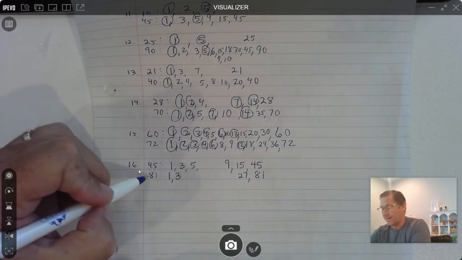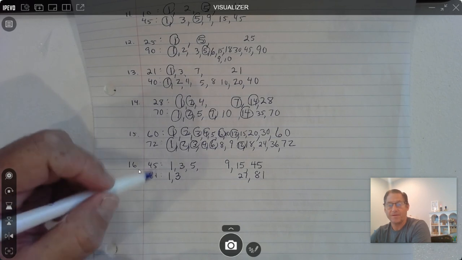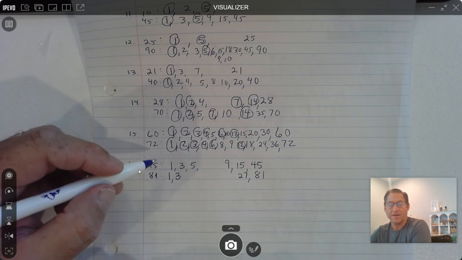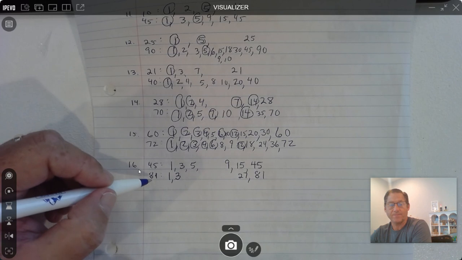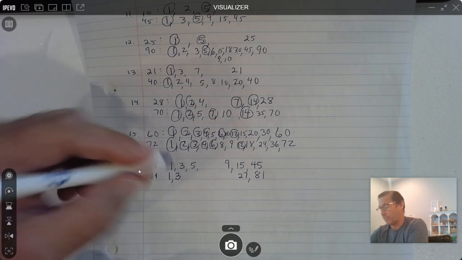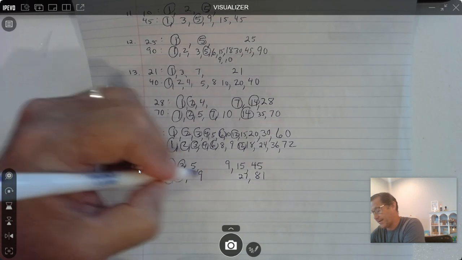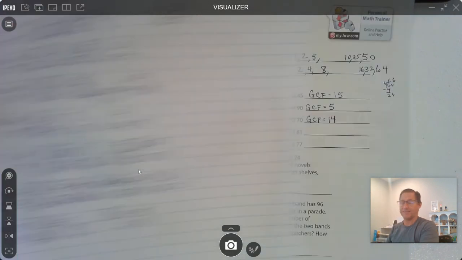Again, I knew 3 is a factor because 8 plus 1 is 9, and 9 can be divided by 3. Okay, 4 is not. 81 is not even. 5 will not work. 6 will not work because 2 is not a factor of 81. 7 will not work. 8 will not work, but 9 will. So our factors in common are 1, 3, 9. Okay, so the greatest common factor is 9.